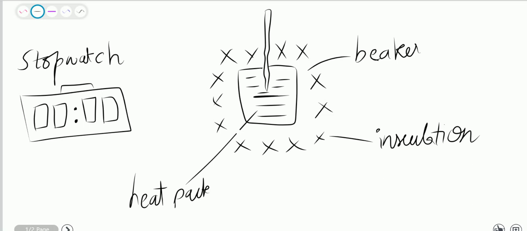Okay, so this is our heat pack surrounded by insulation, along with its thermometer.